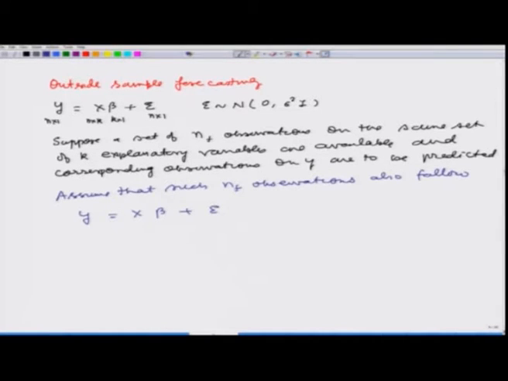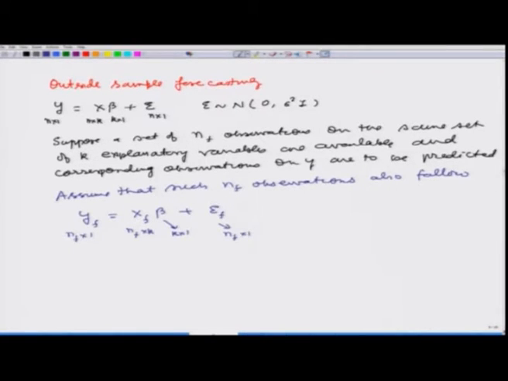We denote y as yf, X as xf, and epsilon as epsilon f, where yf is an nf cross 1 vector of unknown values on y which have to be forecasted, xf is a matrix of order nf cross k, beta is a k cross 1 vector, and epsilon f is an nf cross 1 vector of random error components.